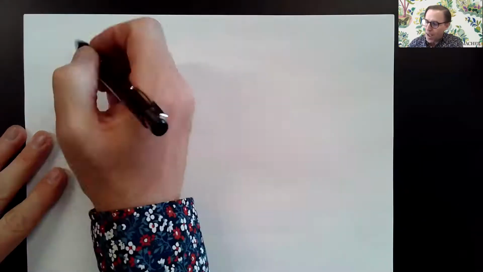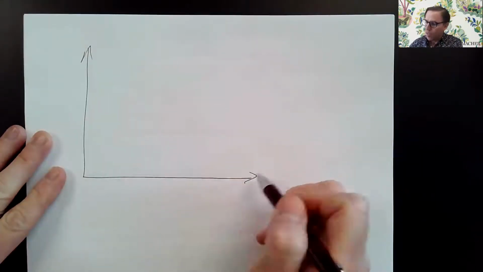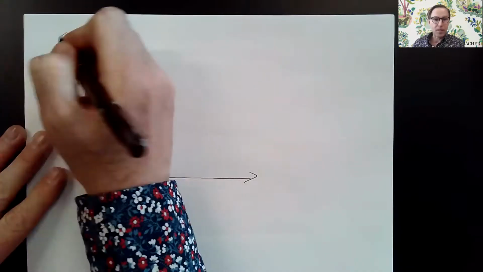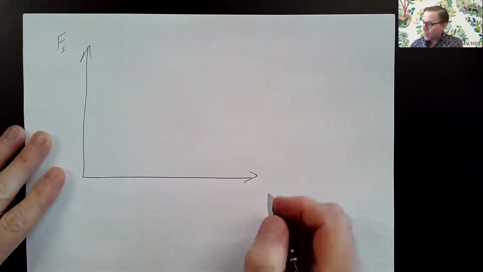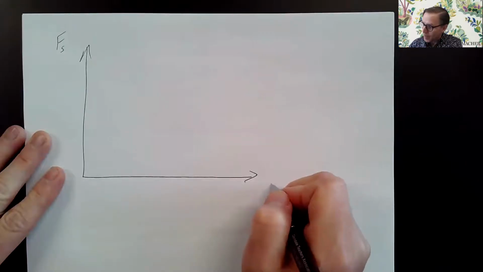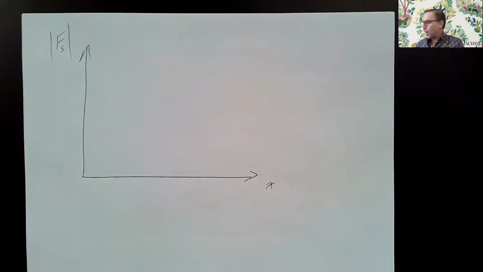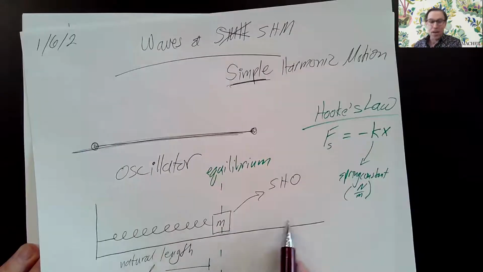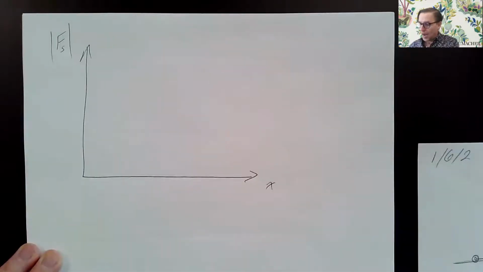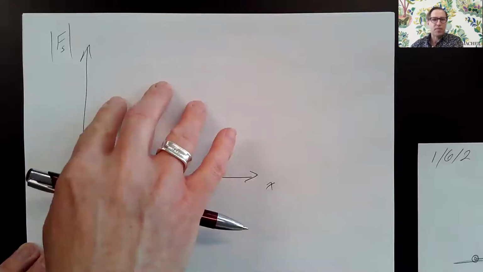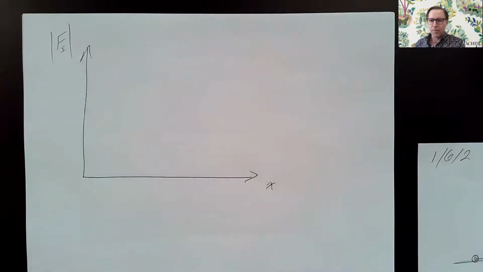So if I graph the force exerted by the spring as a function of X, the displacement, I'm going to graph the absolute value right now because I want my displacement to be positive. I'm going to think about moving the block to the right. Of course, the force exerted is negative, right? But I don't want to graph down here. I want to graph up here. So I just graph the absolute value.